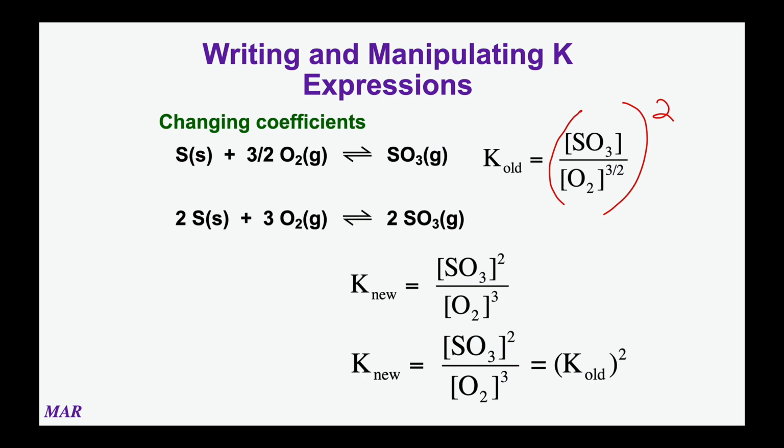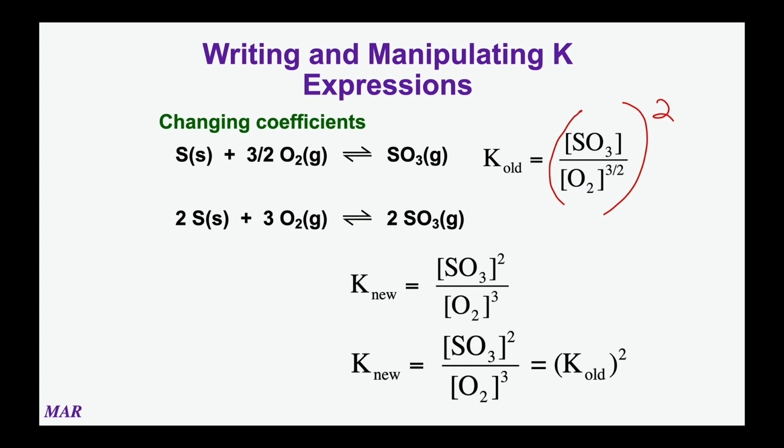So we multiplied everything through by 2 to get the new K expression. And if you had an old value for K, you can turn it into the new value by squaring it. So let's say that K old was a value of 10, and we wanted to figure out the value of K new. Well, no problem. We would take the old K, 10, and square it. 10 squared, the new K would be 100.